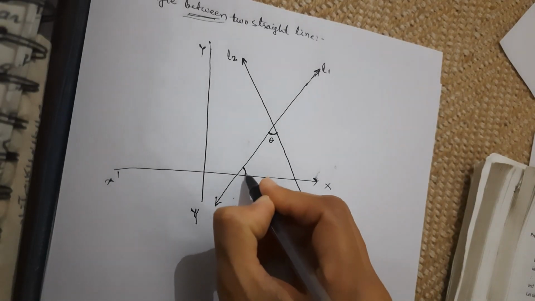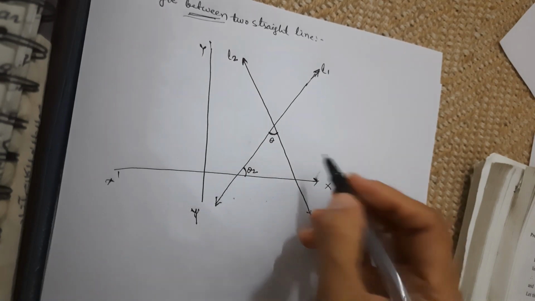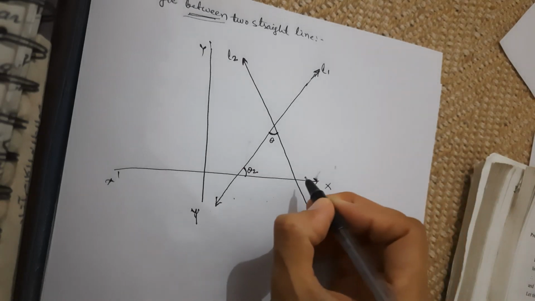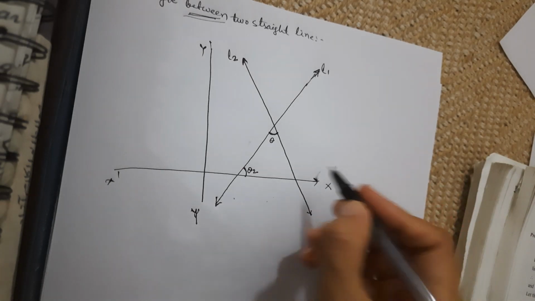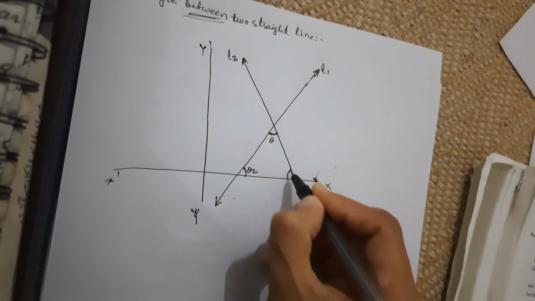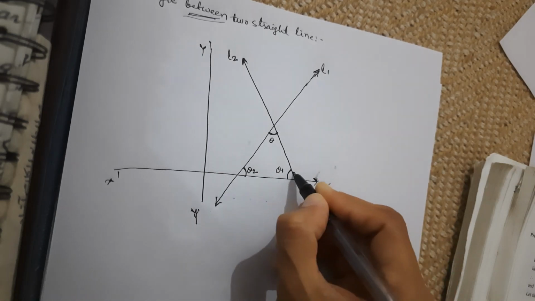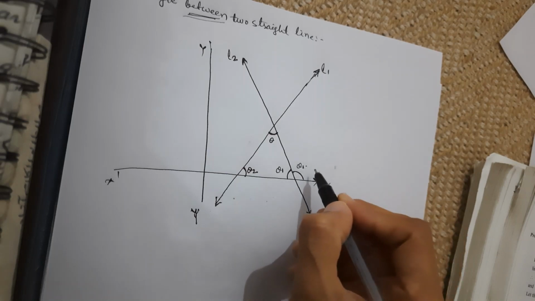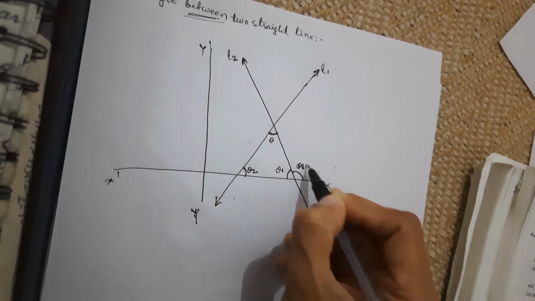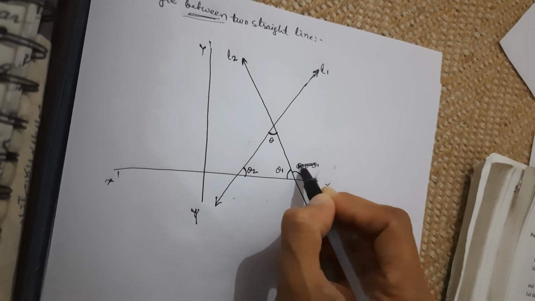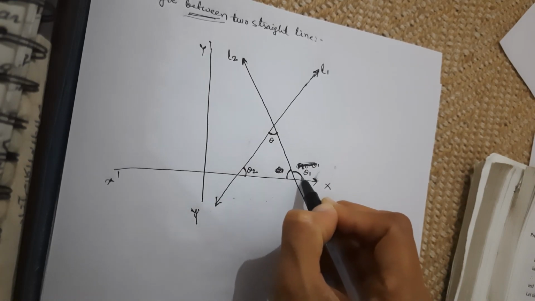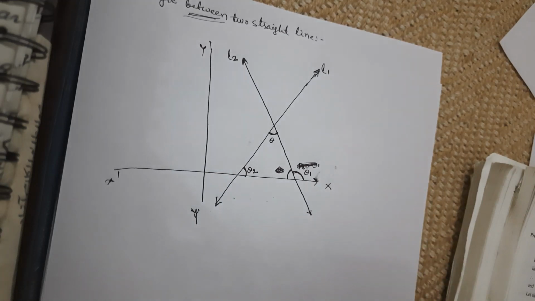Now suppose this is theta 2, and this one is theta 1, so this becomes theta 1, and 180 minus theta 1. Or let's just give the name to this angle as theta 1 and just forget about the other angle. Okay, theta 1.